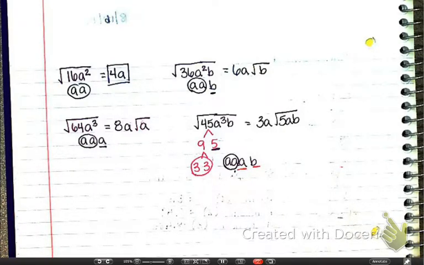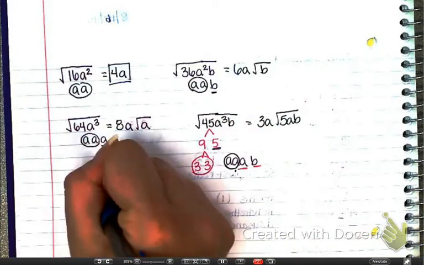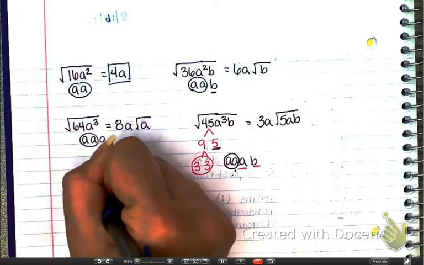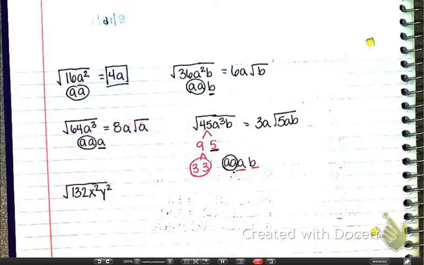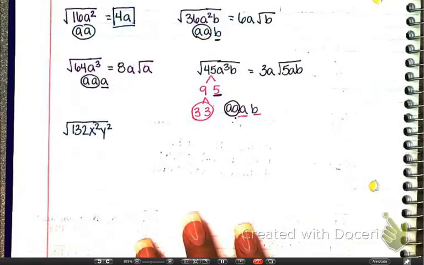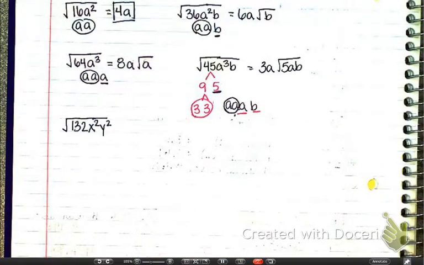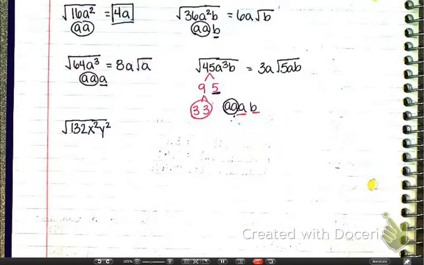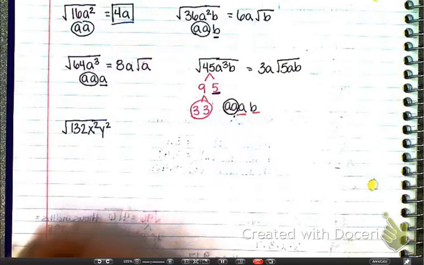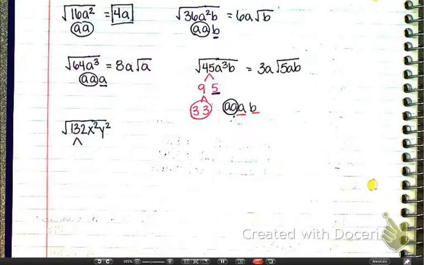Okay. You think you can try one? How about the square root of 132x squared y squared? Go ahead, Annie, you're up. 22 times 6 gave you 132.